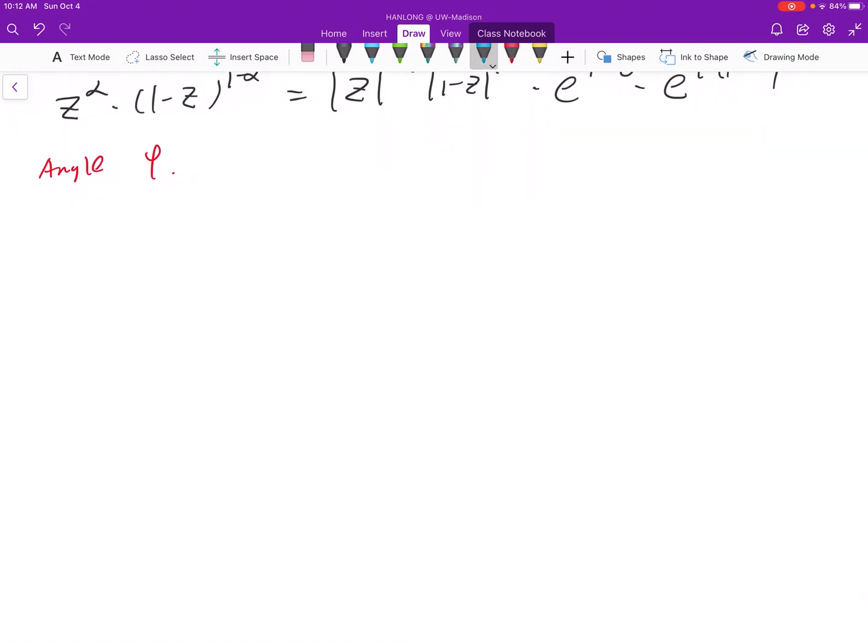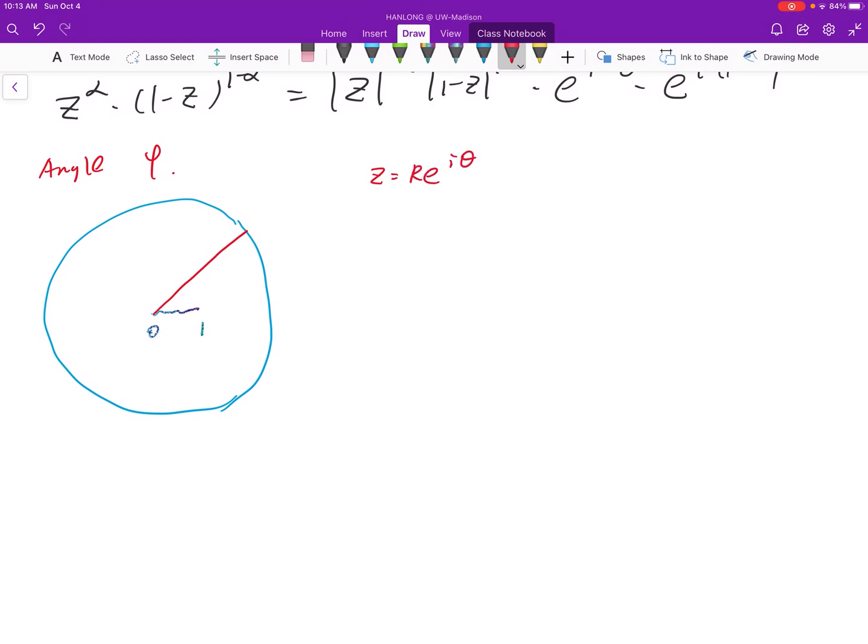So suppose you have a bigger circle and you have 0 and 1. So the usual parametrization will be z equals R e to the I theta, and theta is between 0 and 2 pi. So this is theta.